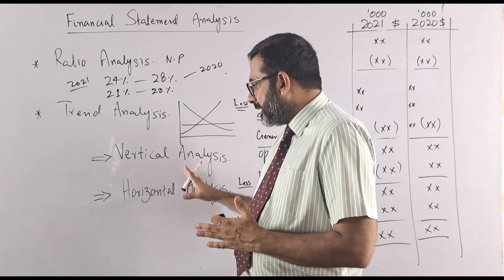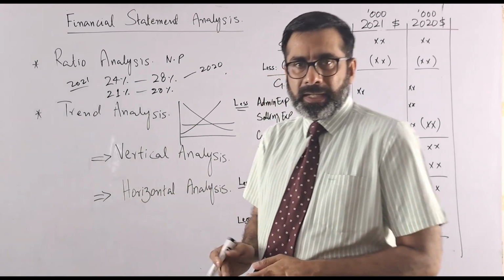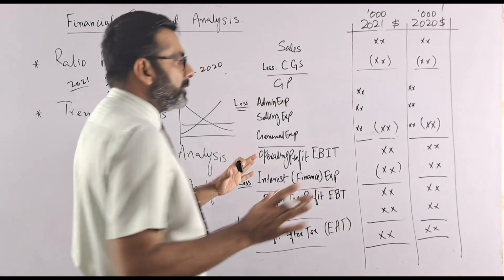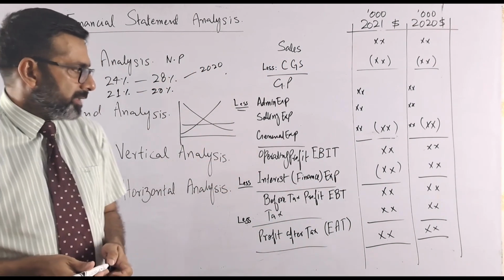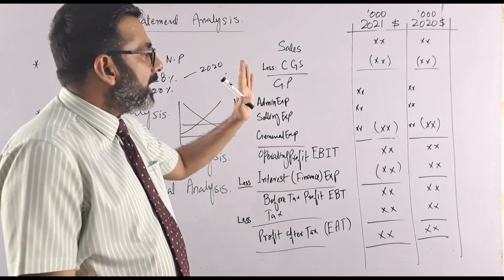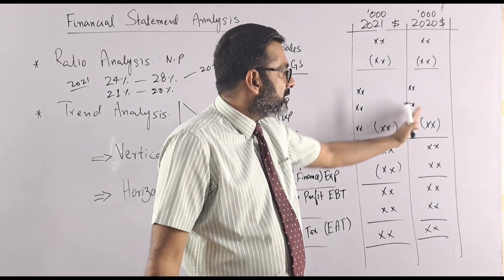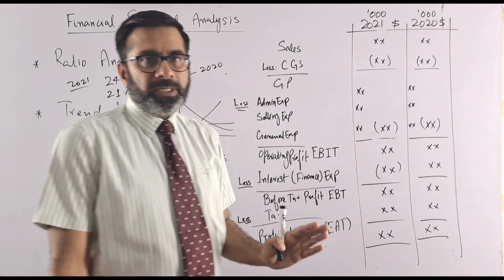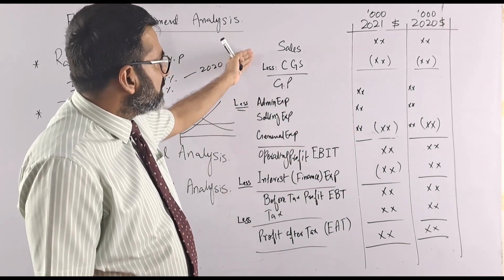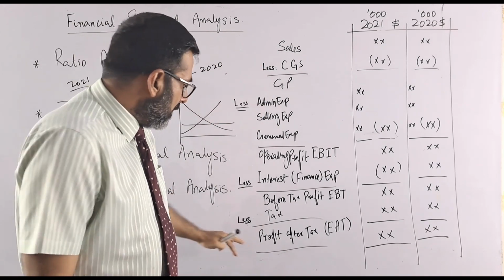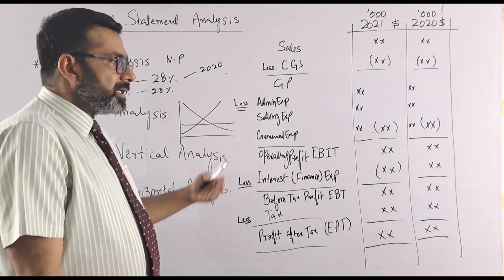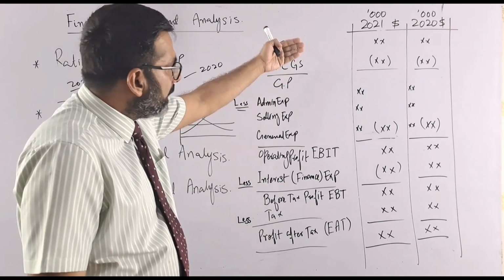Then we have a vertical analysis and the horizontal analysis. I have just written here a very basic income statement of a company, just for understanding purposes. As we know, every company shows at least 2 years of financial information, as per the International Accounting Standards. So they have a sale, they have a cost of goods sold. If we look at the vertical analysis, we have to see how things are happening in this way.